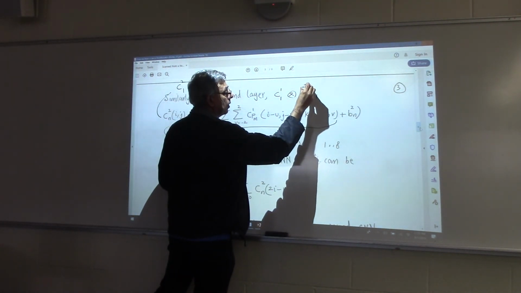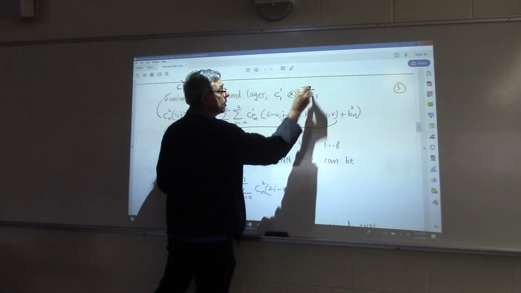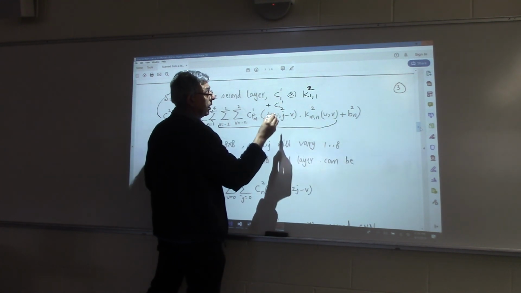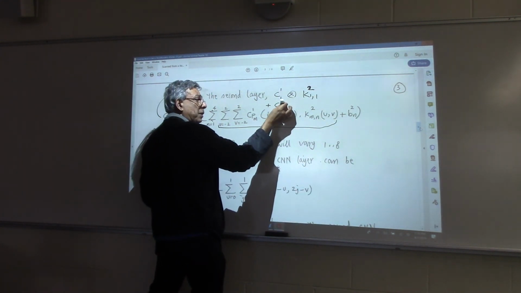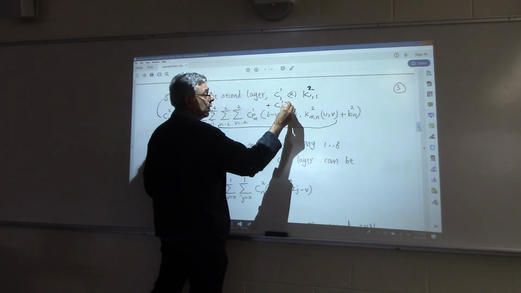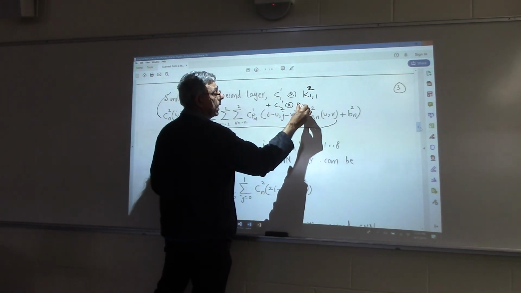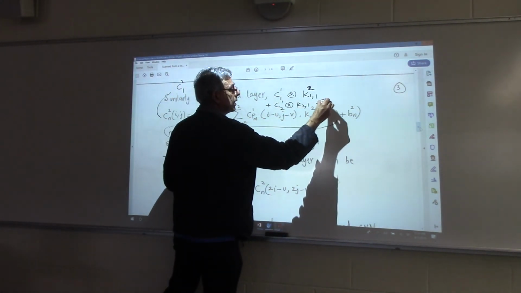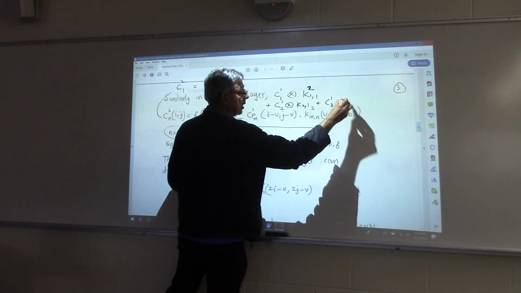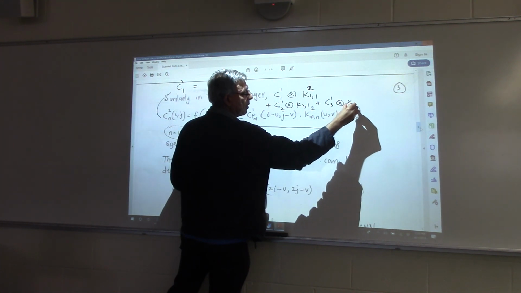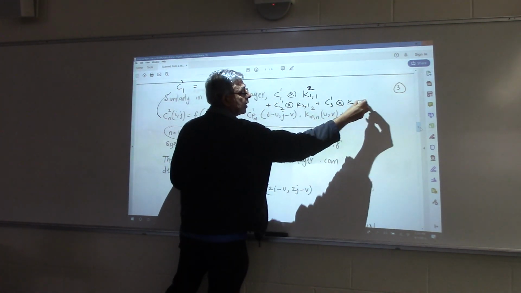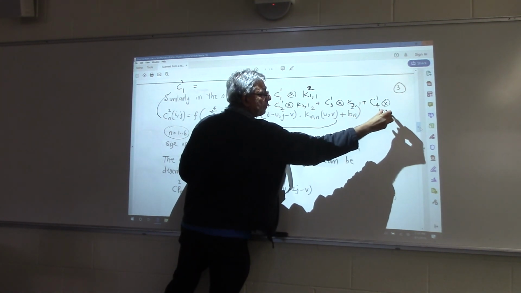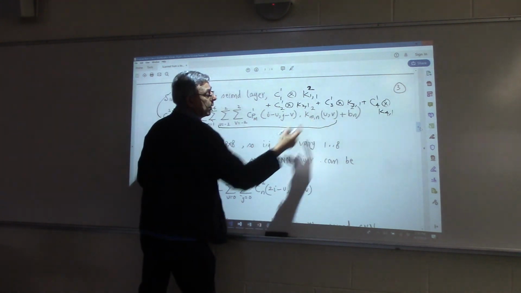K11 of 2, correct? Plus C2 of 1 from the previous layer, the second one will be convolved with K2 of 1, do you guys agree? Yes. And similarly, C3 of 1 will be convolved with K3 of 1, and so on. C4 of 1 convolved with K4 of 1. Okay, so that's all this equation is saying.